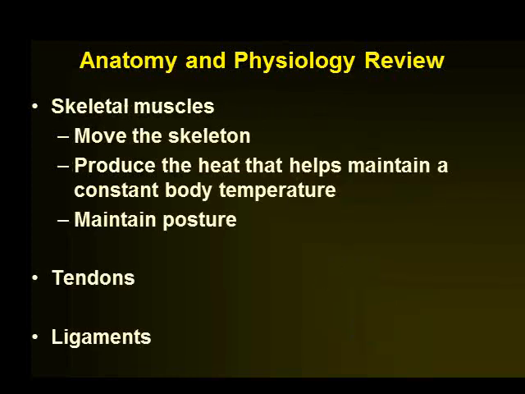And then we have muscles that are attaching to those, usually via tendons. And those tendons allow for the muscles to move the skeleton. Those muscles also produce heat that maintains our body temperature, and they help us maintain our posture. Remember, tendons attach muscles to bones, and ligaments attach bones to bones.